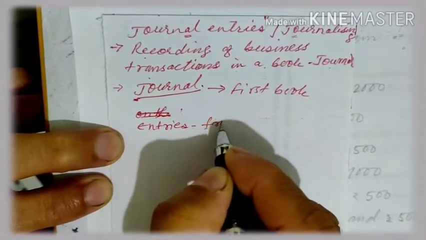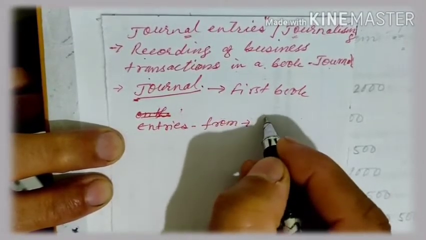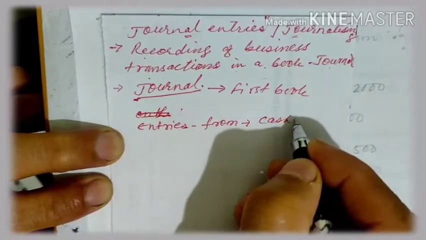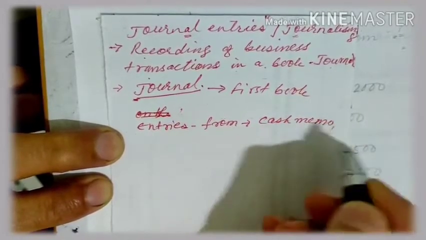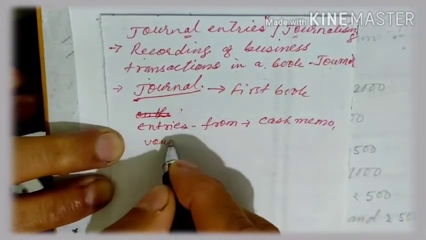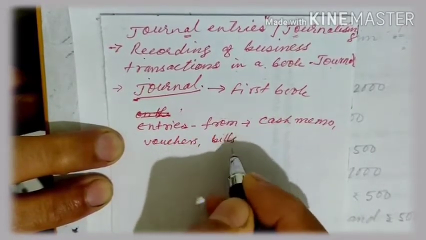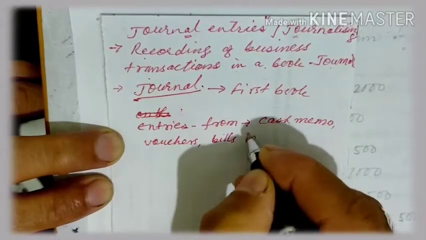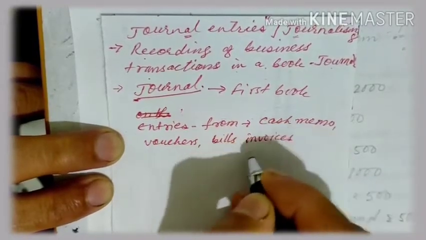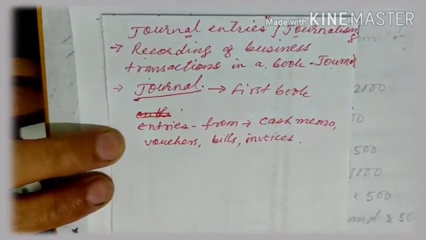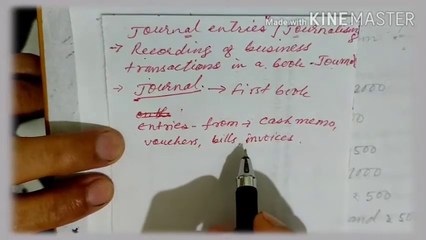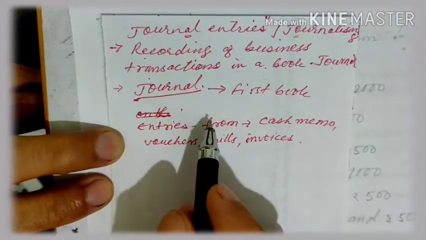Entries are made from cash memo, other vouchers, bills, invoices. So these are the documents which are used to make the entries in the journal.